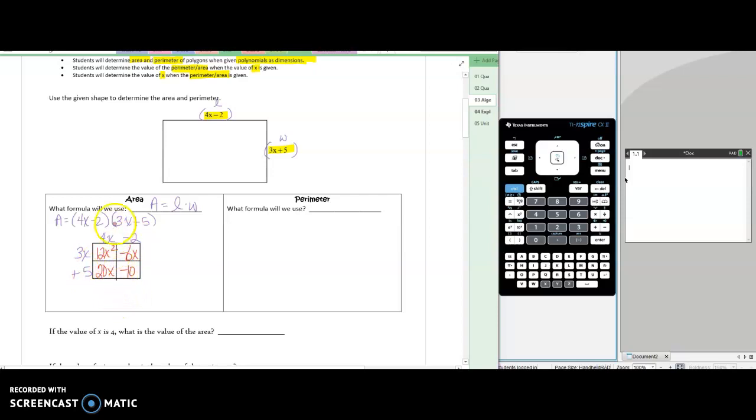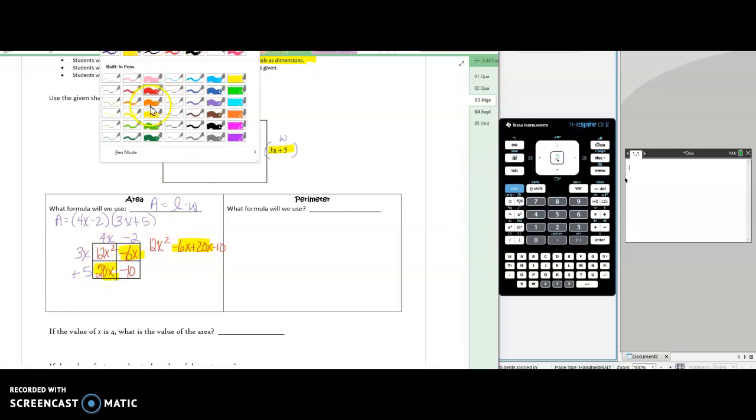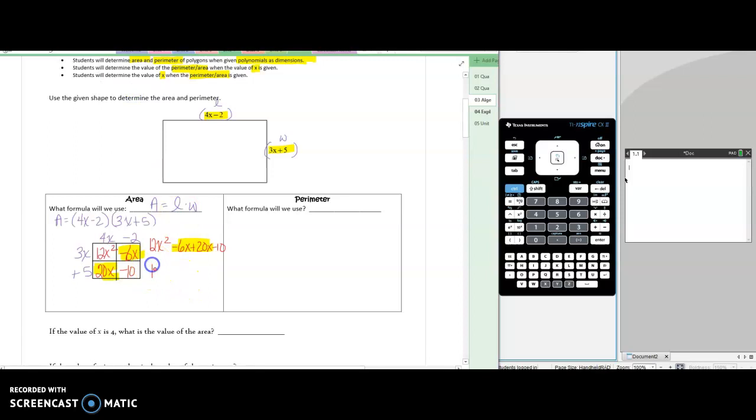All right. So now we have to take everything out of the box. So we have 12x squared minus 6x plus 20x minus 10. Remember that these two are like terms, right? So we have this one and this one. What is 20 minus 6?